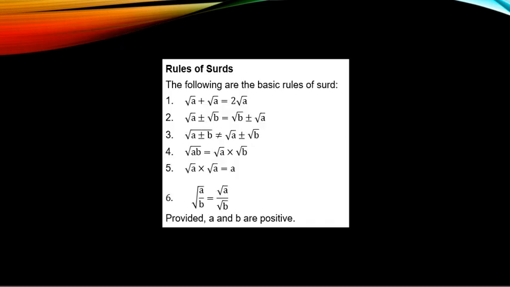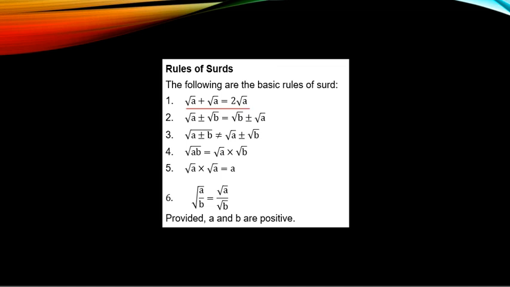The next thing we look at is the rules of surds. We have some rules to be considered. So we are taking our number as a. So we have root a. The first rule is that root a plus root a equals 2 root a.